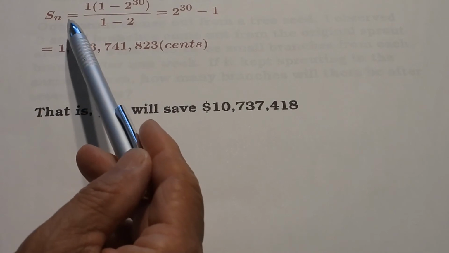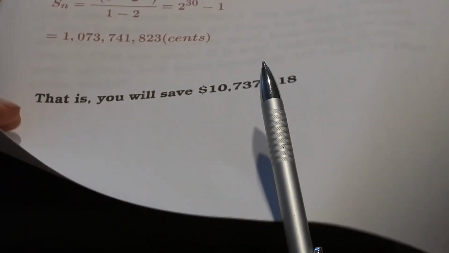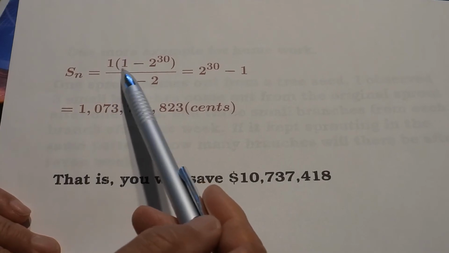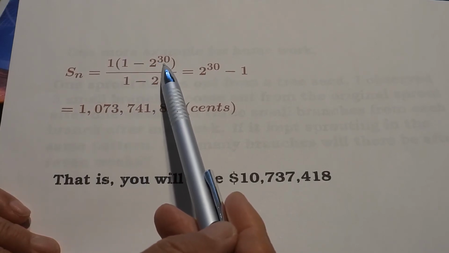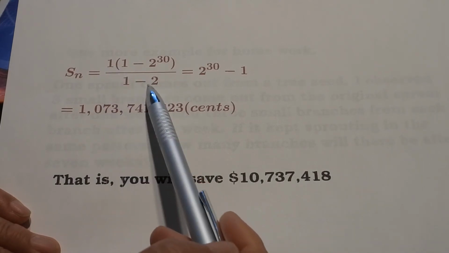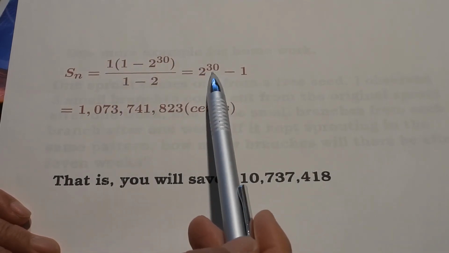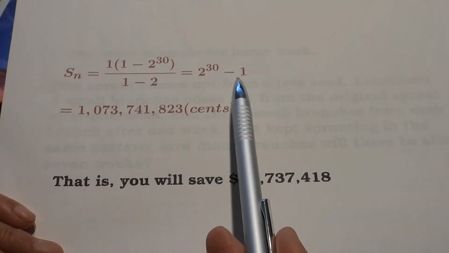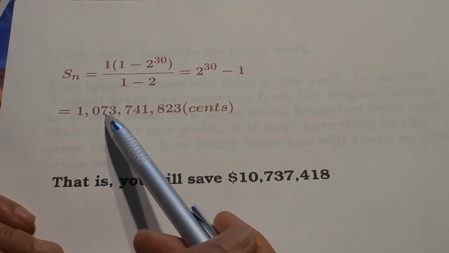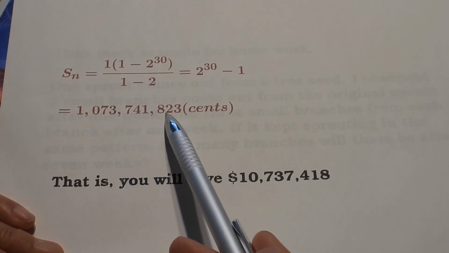The sum formula will be here. First value is 1. 1 minus 2 to the 30th power divided by 1 minus 2. Again, 1 minus 2 is negative 1, 1 and negative 1 cancel out, you have a negative. Then times negative on each side, it turns out 2 to the 30th power minus 1. Now, you calculate using a calculator, then 1,073,741,823.